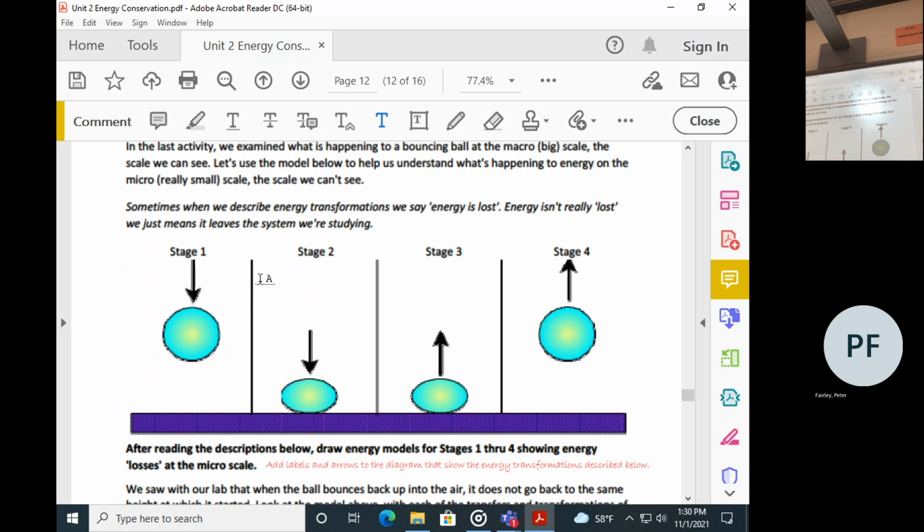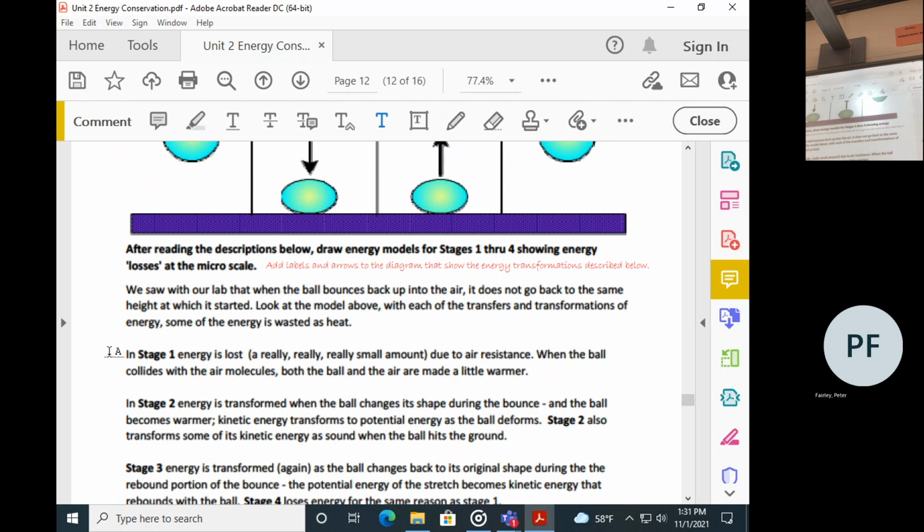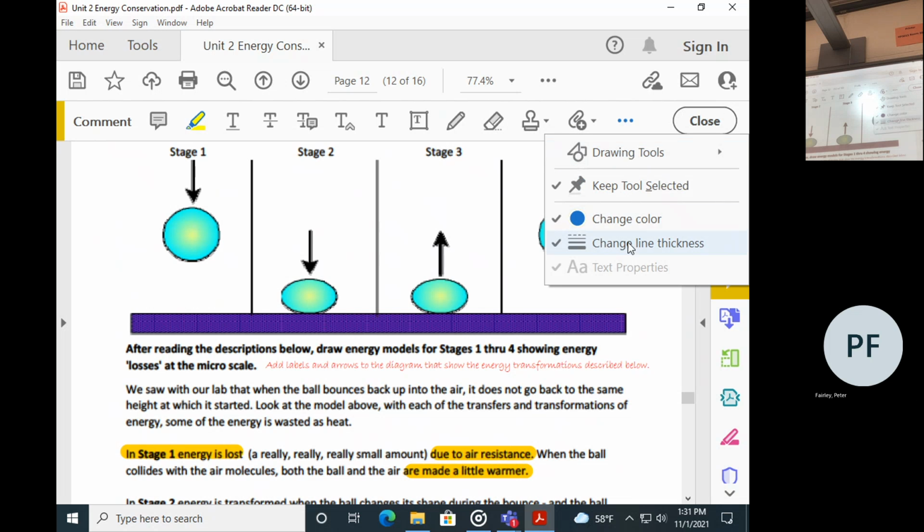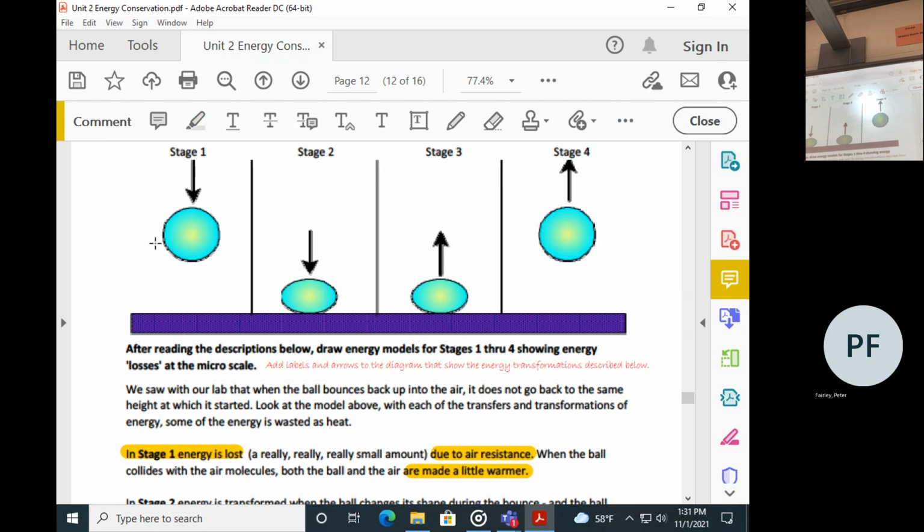Highlight the important text. So I'm going to go down to stage 1 down here. And I'm going to highlight that in stage 1, energy is lost due to air resistance. When the ball collides with the air molecules, both the air and the ball are made a little warmer. Over here, I'm going to show what that described.